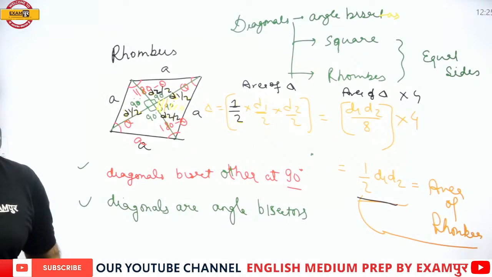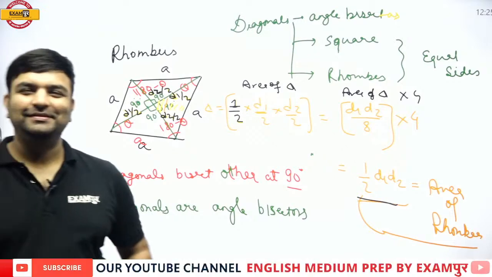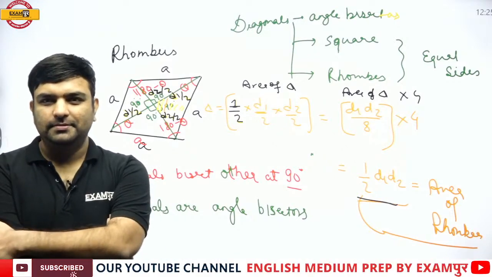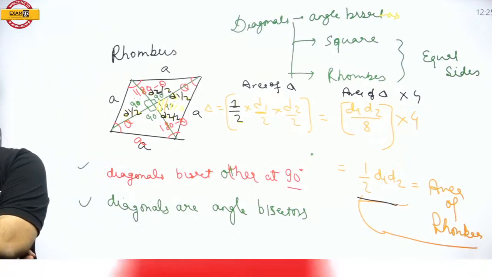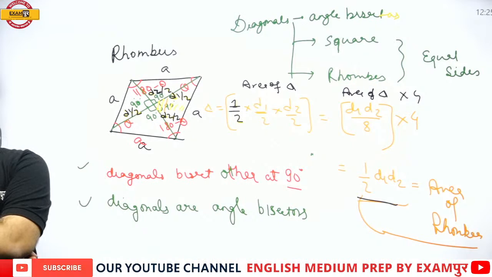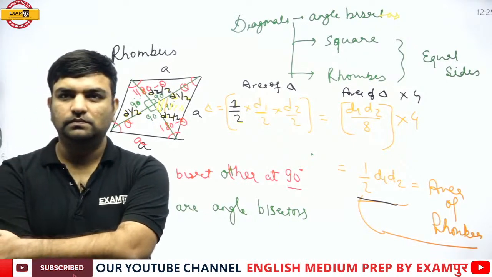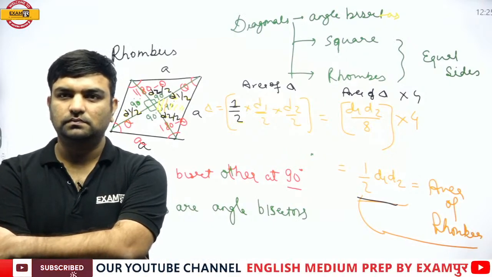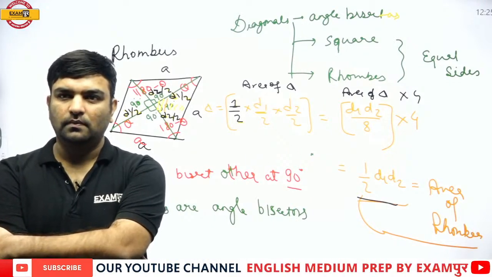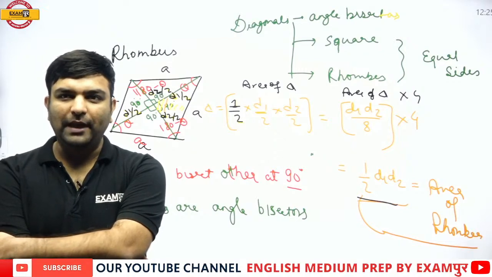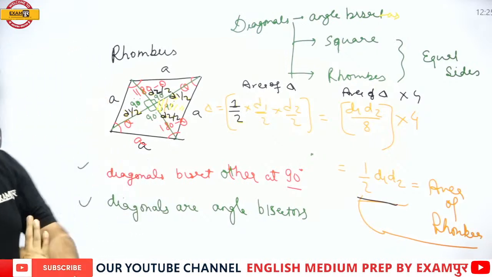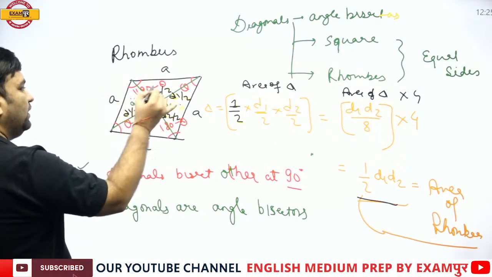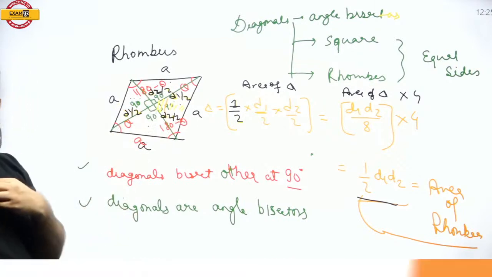Clear, guys? Why multiply by 4? Because there are four right angle triangles.